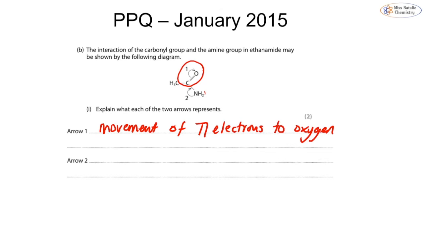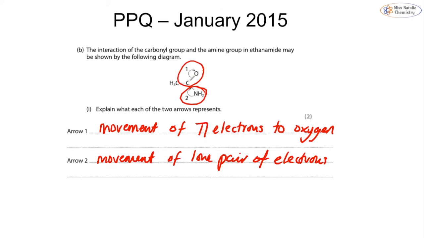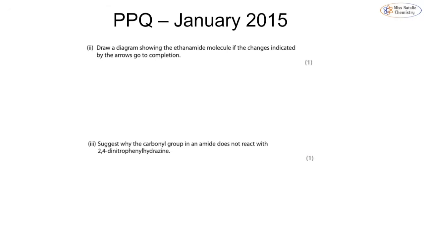And arrow number 2, this one here, is the movement of the lone pair of electrons on the nitrogen to the CN bond. We can now show for part 2 a diagram that is going to show what is being formed.